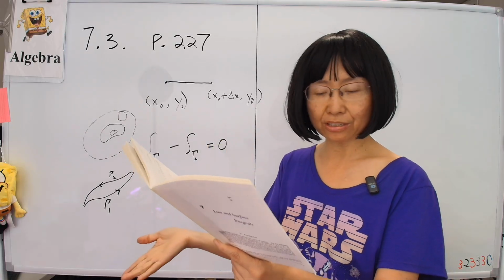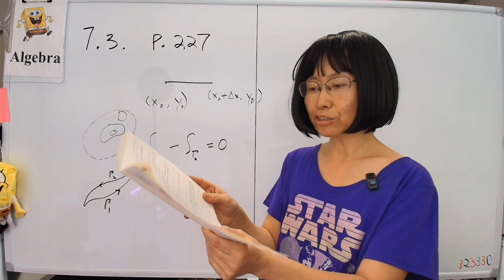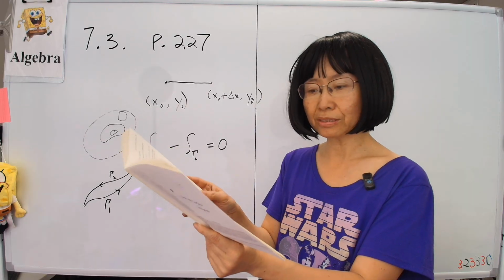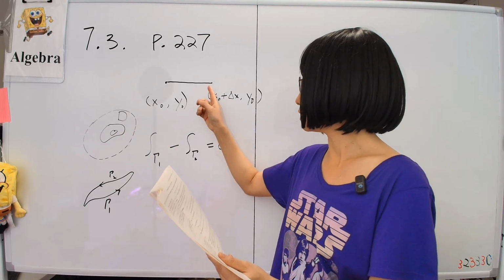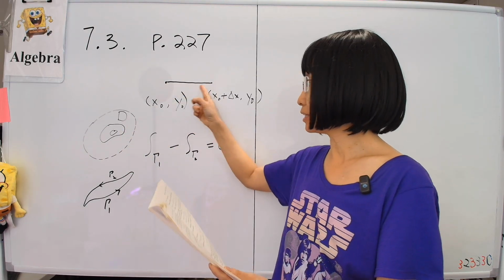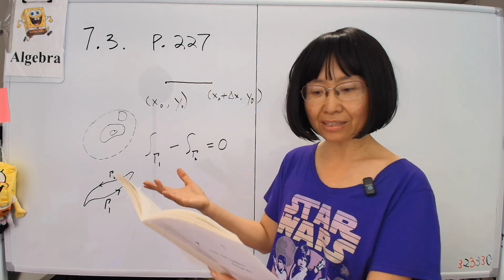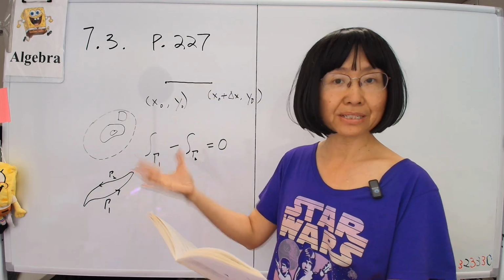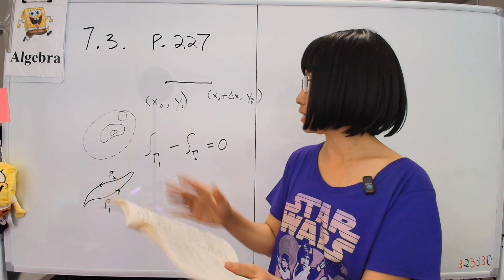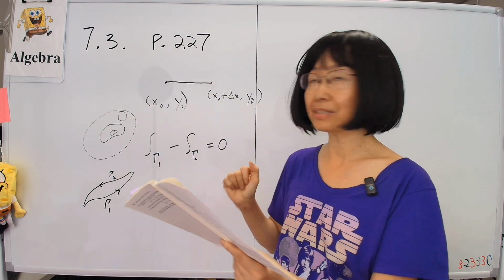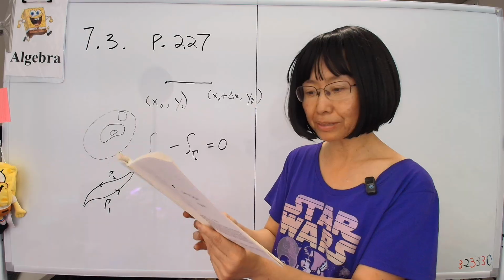That's the definition of openness. Now, we will choose some small delta x such that if we move it over in the x direction just a little bit, this point is still in the small circle K, which means it's still inside the domain. Okay, so everything's good. That point is still an interior point of the domain D.